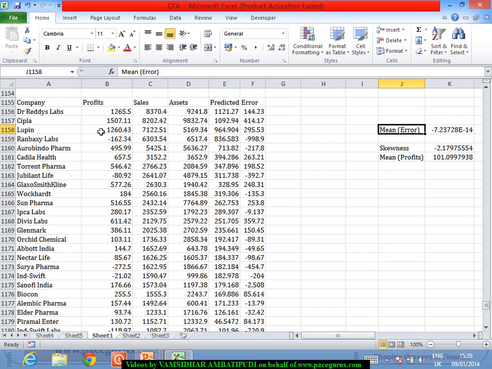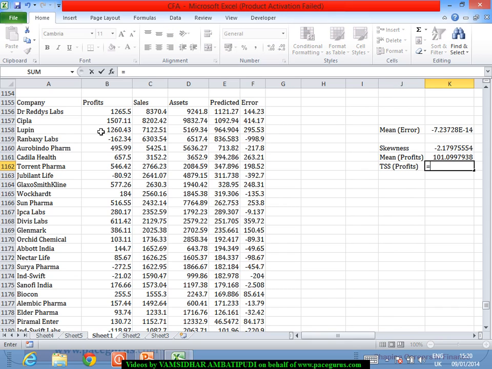From each profit, subtract this mean and square it. So, the total sum of squares of profits.